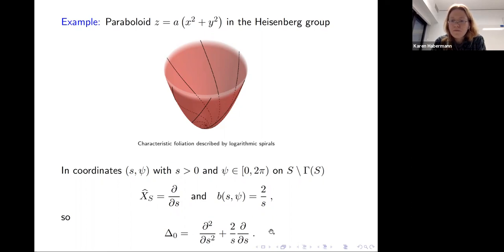Now, what I haven't told you yet is how all of this is related to stochastic processes. But what happens is that there's a notion where you can take a second order partial differential operator and let this be a generator for a stochastic process on that manifold.